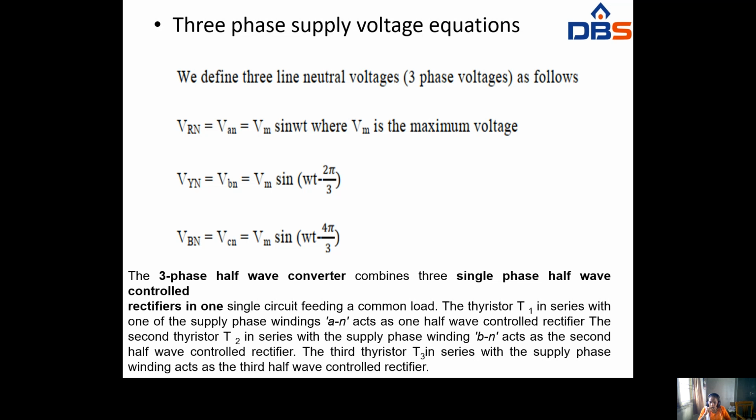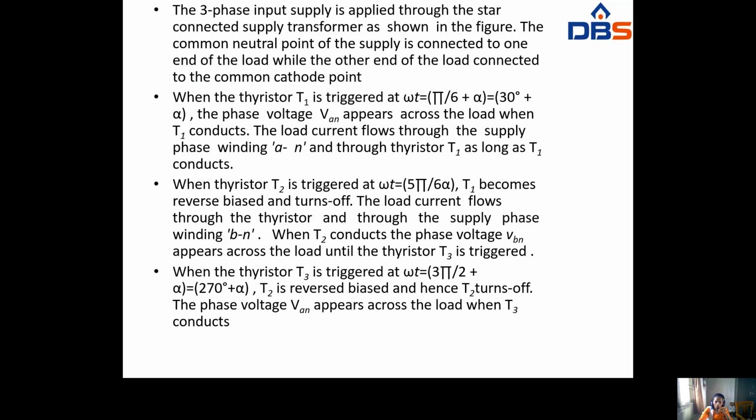The second thyristor T2 in series with the supply phase winding BN acts as a second half wave controlled rectifier. The third thyristor T3 in series with the supply phase winding CN acts as a third half wave controlled rectifier. The three phase input voltage is supplied through a star connected supply transformer as shown in the figure.